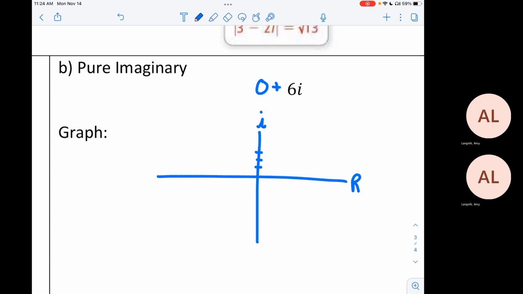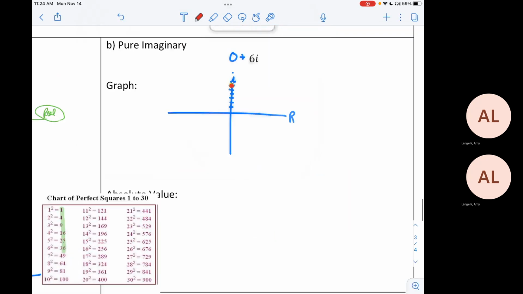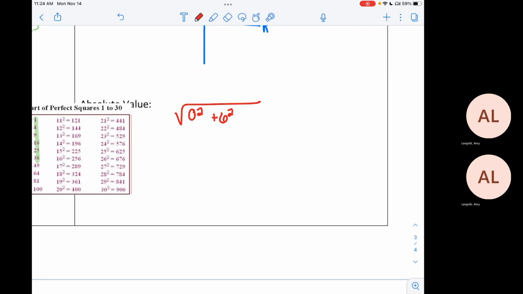Just up 6. That is correct. Yep, I stands for imaginary. Yep. That's the graph. The absolute value of it is the square root of 0 squared plus 6 squared. And if you're like, I don't want to write that 0, that's dumb. Okay, don't. That's totally fine. I agree with you. 0 squared is useless. So it's really just the square root of what?